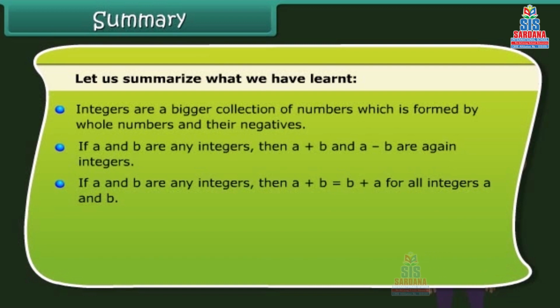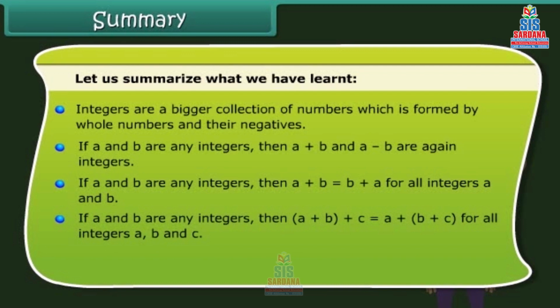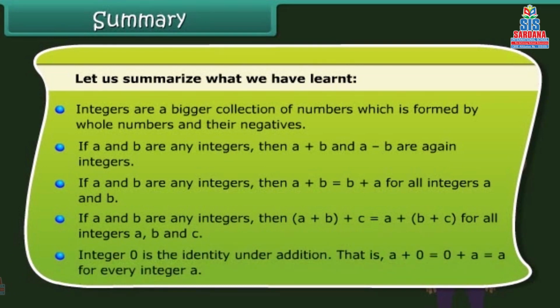If a, b and c are any integers, then a plus (b plus c) is equal to (a plus b) plus c. Integer 0 is the identity under addition. That is, a plus 0 is equal to 0 plus a, which equals a for any integer a.